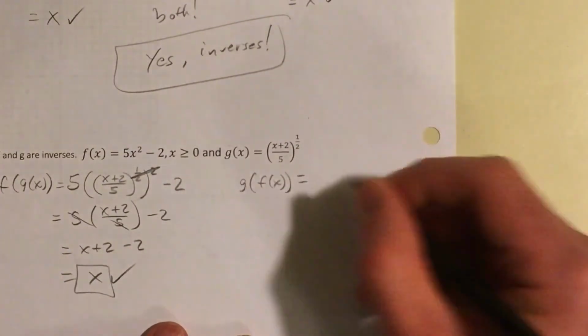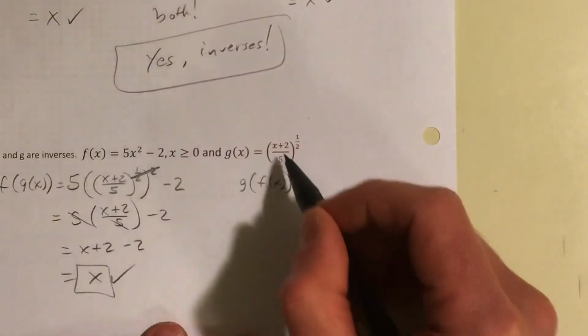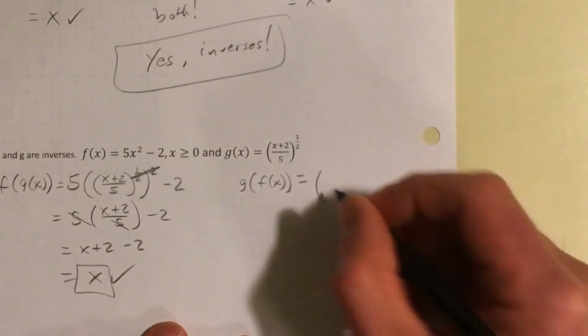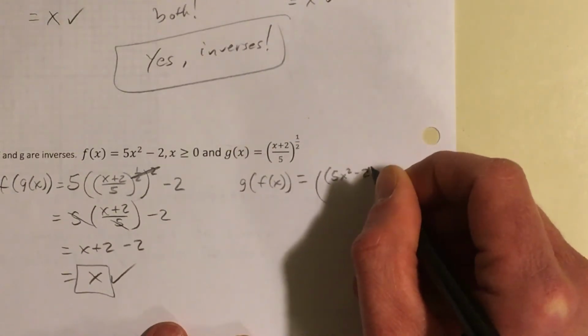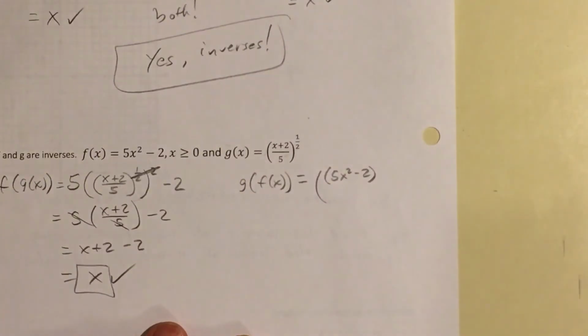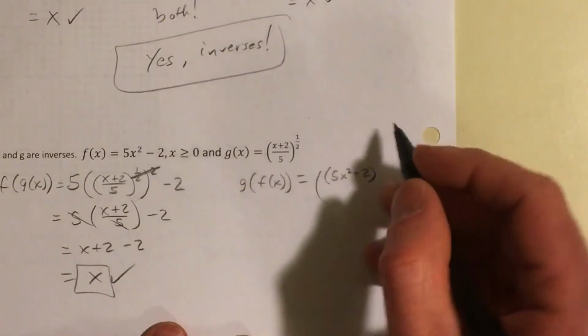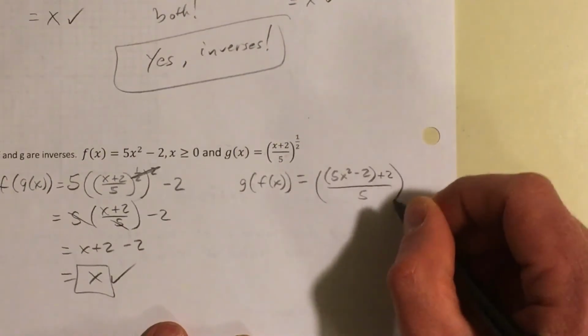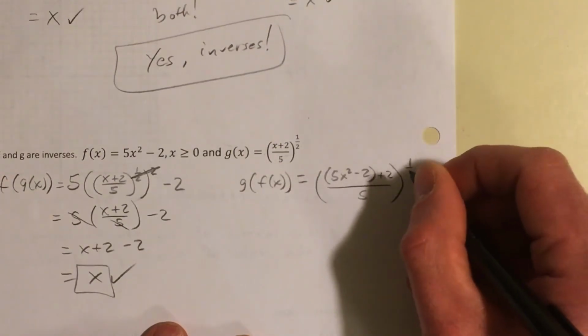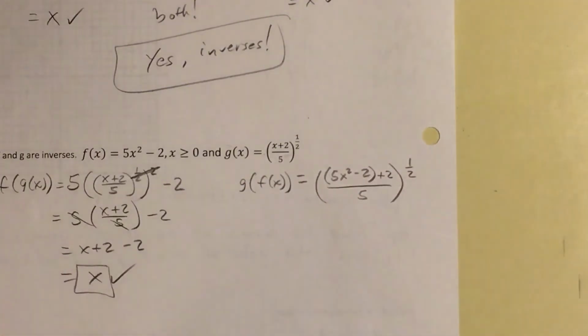g of f of x, all of this is going in for x. So we go parentheses, 5x squared minus 2. Close parentheses, closing the x. We've got a plus 2. It's all over 5 to the 1/2 power. Again, order of operations.